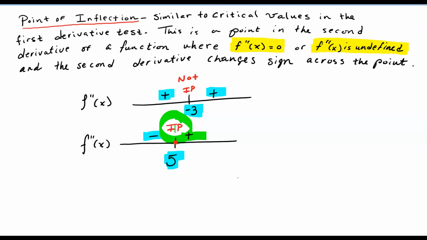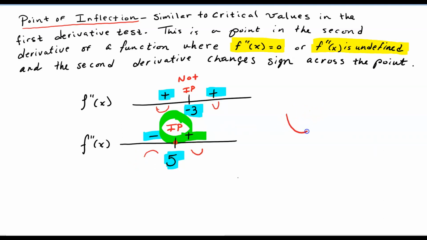Now, the other thing you might be wondering is, why do we need to know? Well, what is an inflection point? I'm going to give you a preview of what's coming. It's the point at which a function changes what's called concavity. If it's positive, it's concave up. If it's negative, it's concave down. So what do we mean?